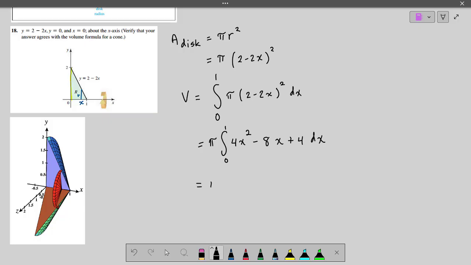And this will give us, once we do our integration, we use our power rule strategy. So we're doing the add 1 to the exponent thing and divide by the new exponent. And that will go from 0 to 1. Does that make sense to everybody? So add 1 to the exponent, divide by the new exponent.